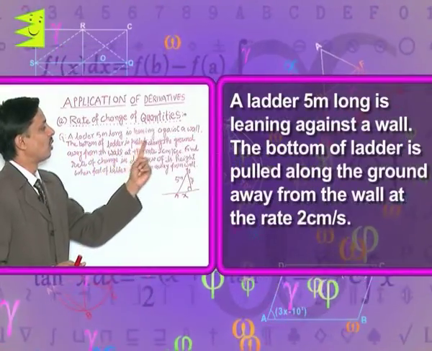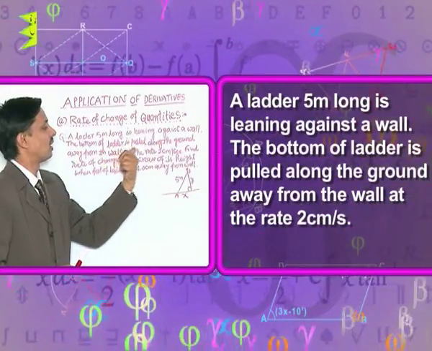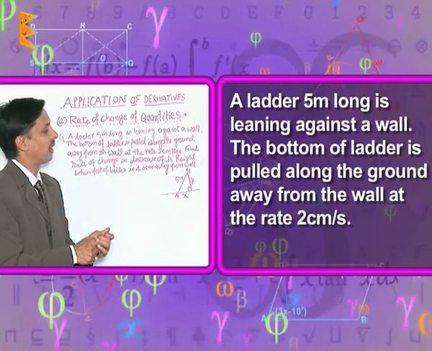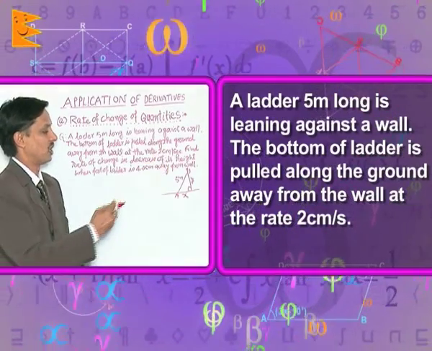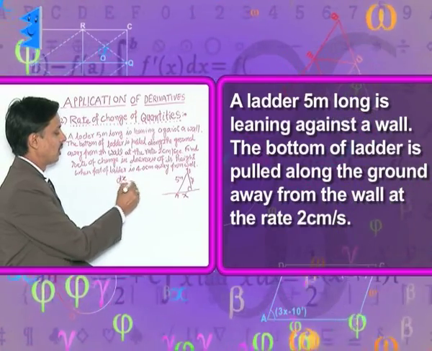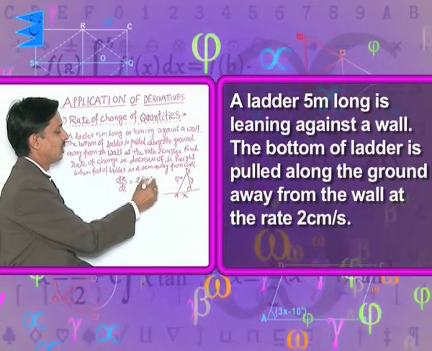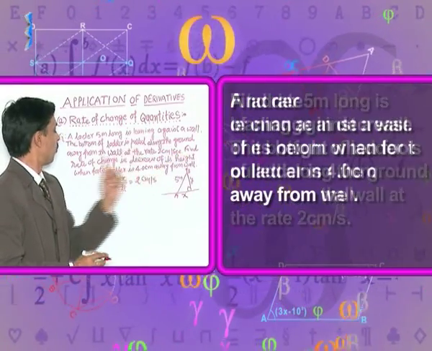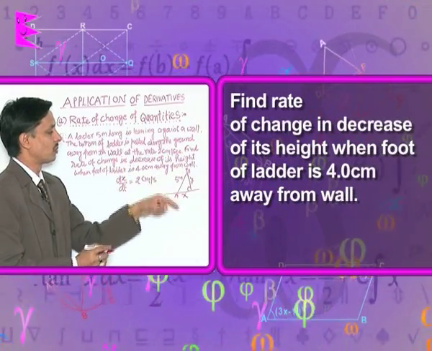A ladder 5 meter long is leaning against a wall. The foot of the ladder is pulled along the ground away from the wall at the rate of 2 centimeter per second. dx/dt is given to us as 2 centimeter per second. Find the rate of change in the decrease of the height.